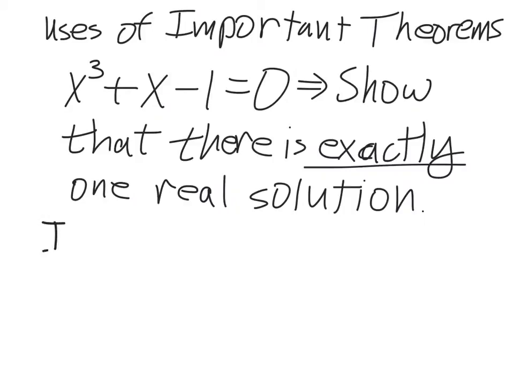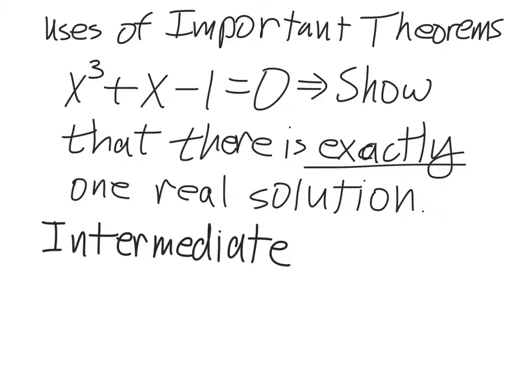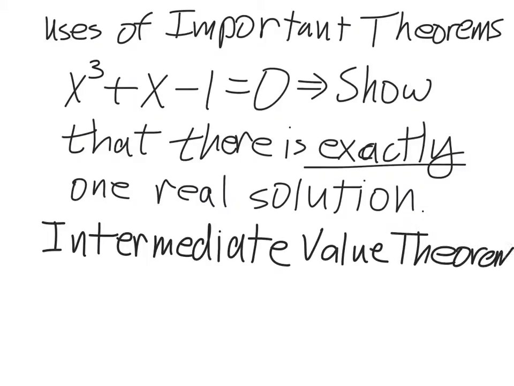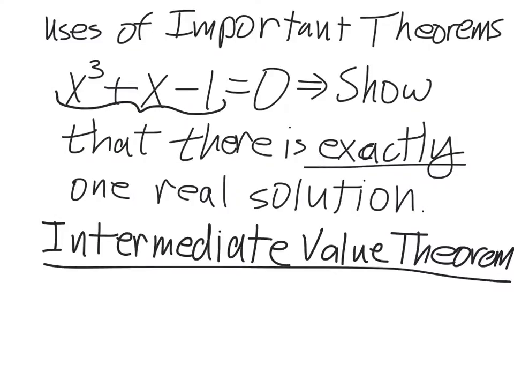Now, first of all, the intermediate value theorem is actually fairly easy to show that there is at least one solution. If we look at our function, let's just choose some values. If x is 0, f of 0 would be what?